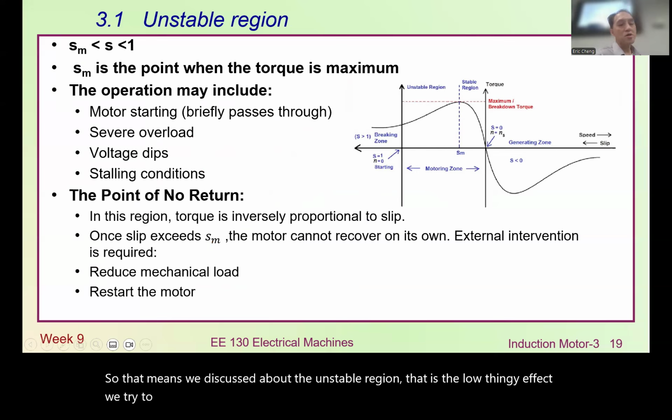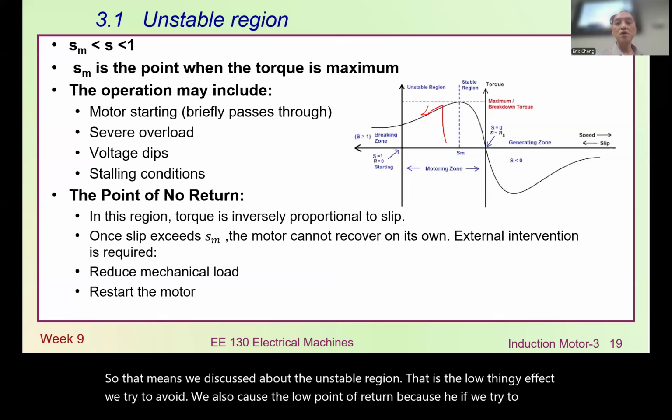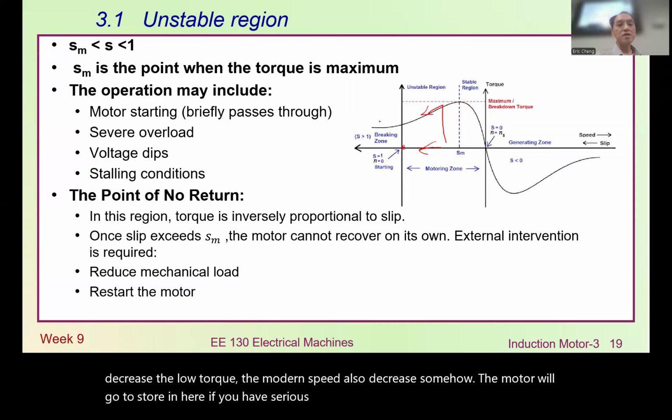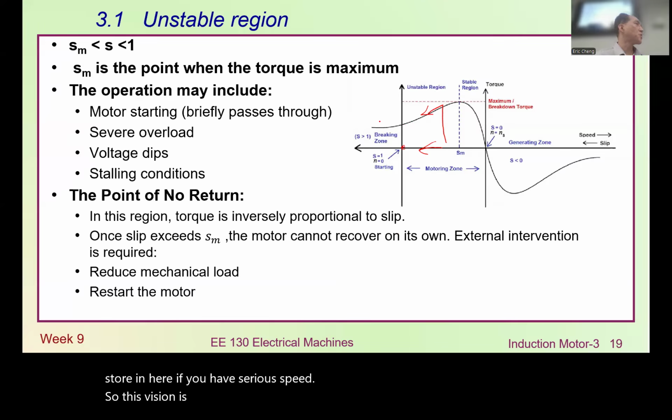We also call it the point of no return, because if we try to decrease the load torque, the motor speed also decreases. Somehow the motor will go to stall in here, become zero speed. So this region is not the normal operation of the loading effect.